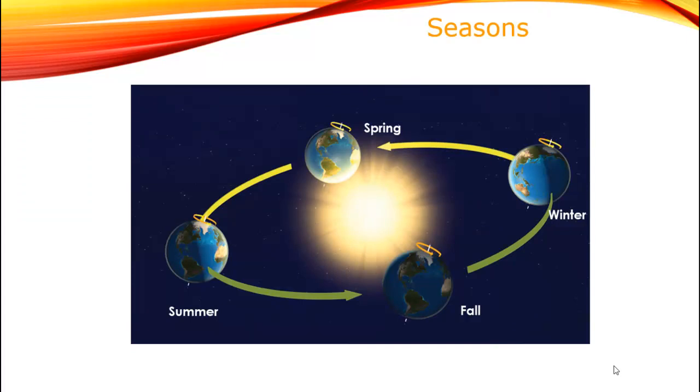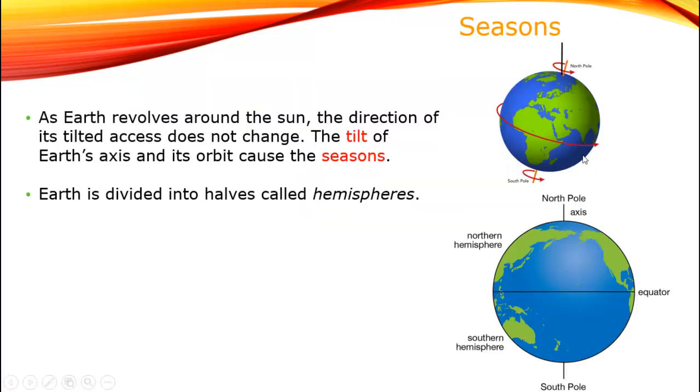Today we will talk about seasons. What causes the four seasons? You know that we have four seasons during the year: summer, fall, winter, and spring. As Earth revolves around the Sun, the direction of its tilt axis doesn't change. The tilt of Earth's axis and its orbit cause the seasons. What is meant by tilt?